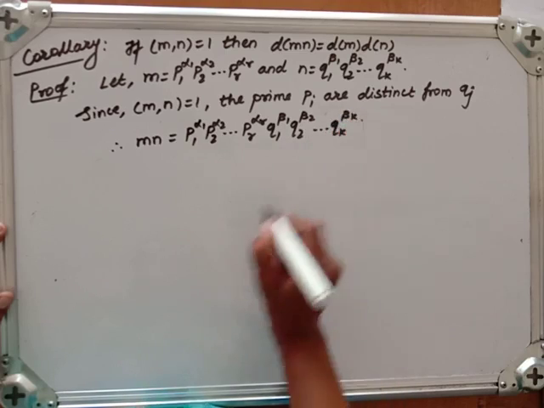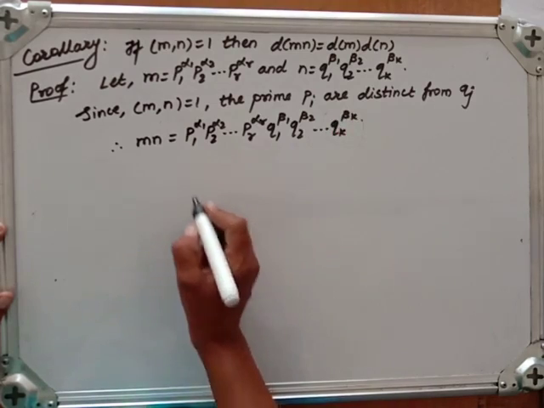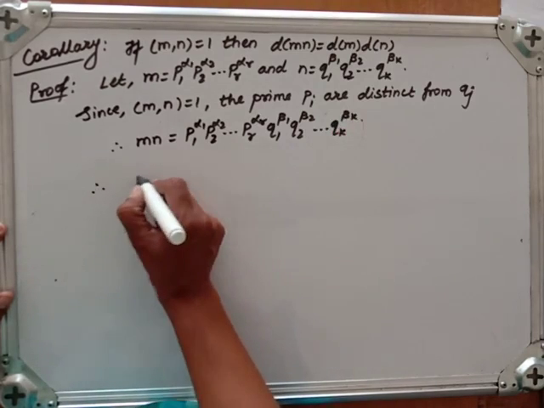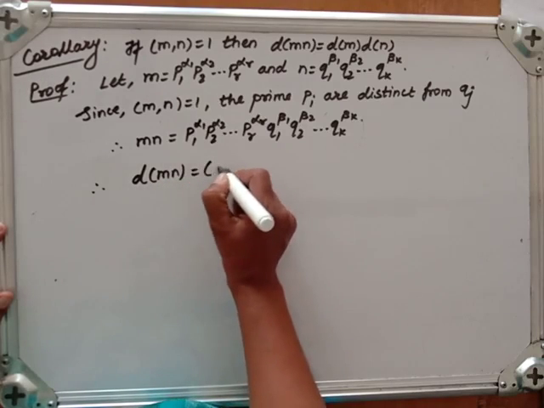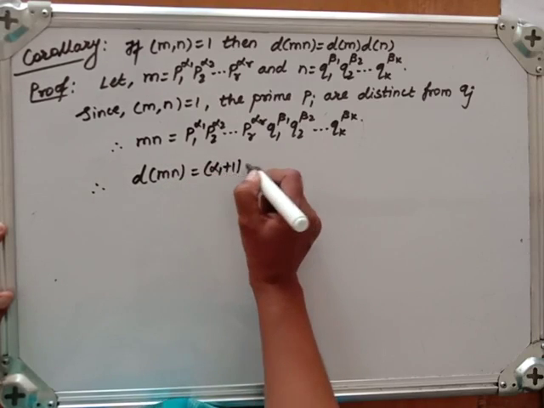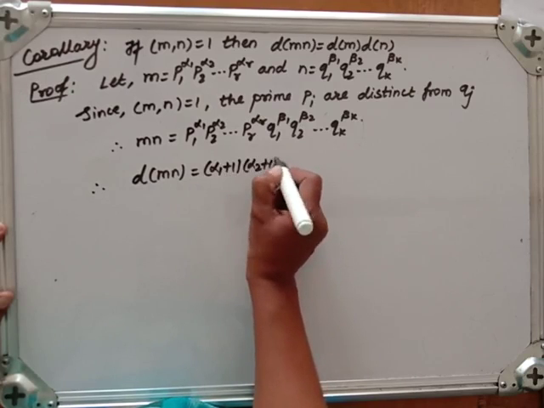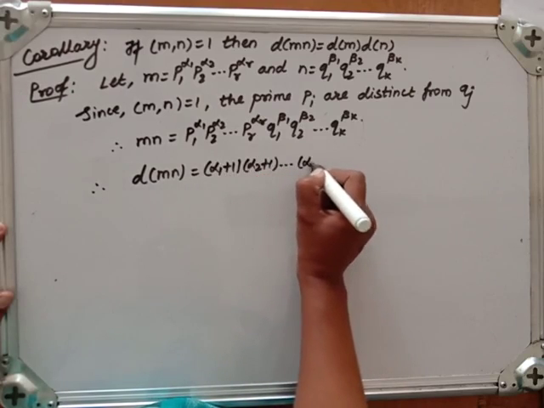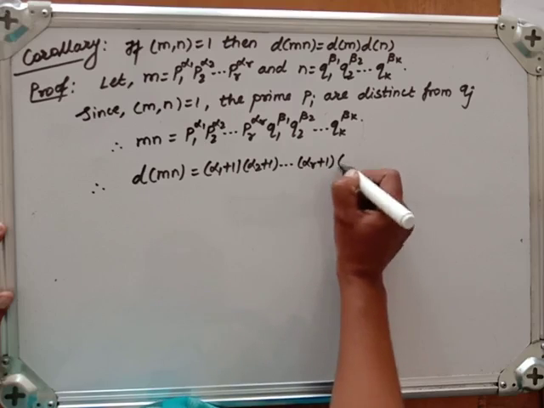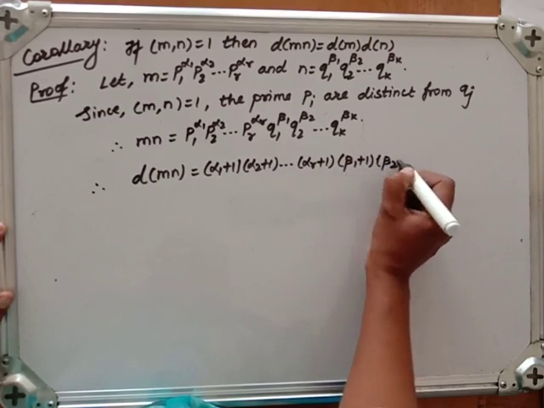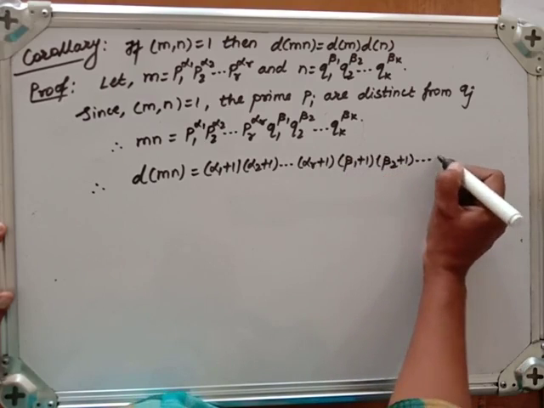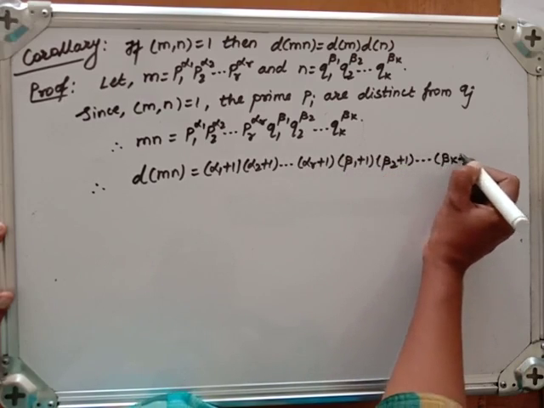From that, what is d of mn? d of mn is alpha 1 plus 1, alpha 2 plus 1 using that theorem, and so on up to alpha r plus 1, into beta 1 plus 1, beta 2 plus 1 and so on up to beta k plus 1.